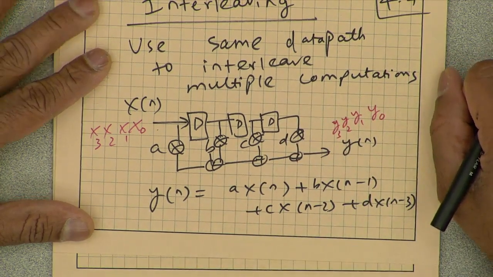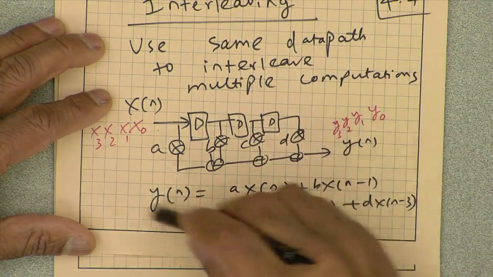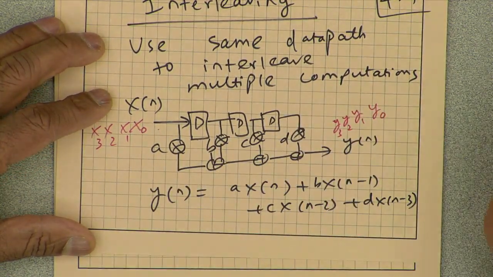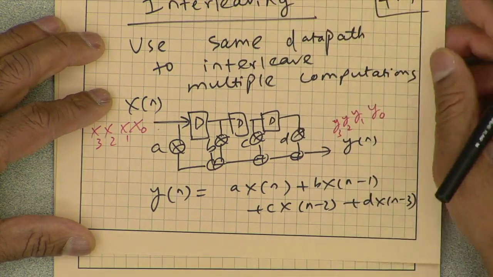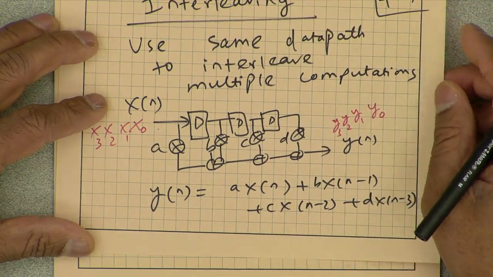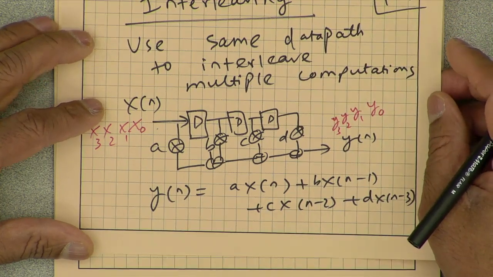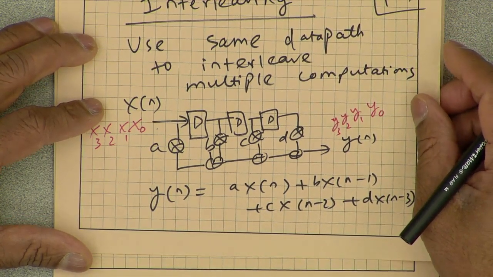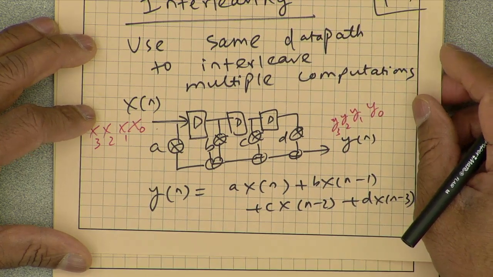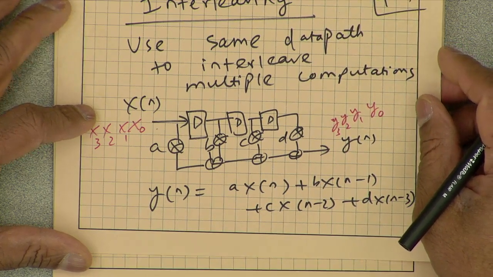Of course, if you think about this data path as a data path of a programmable processor, then that's a different story. But in the data path here, what do you think we can do to filter two independent time series?